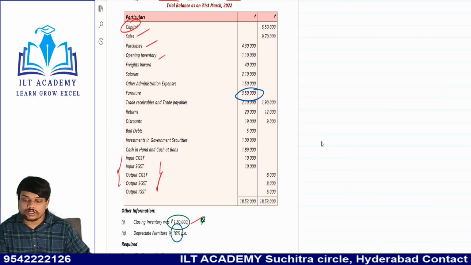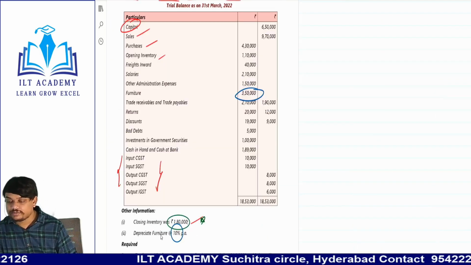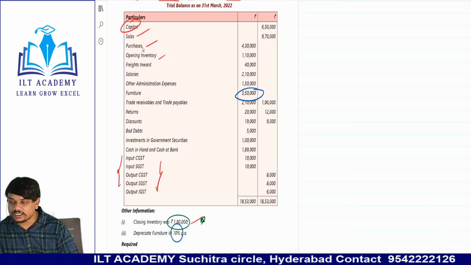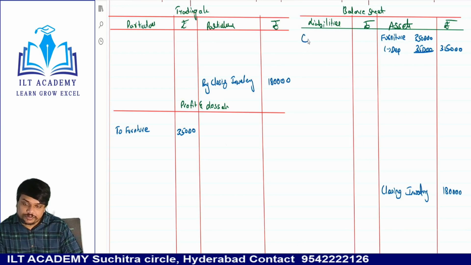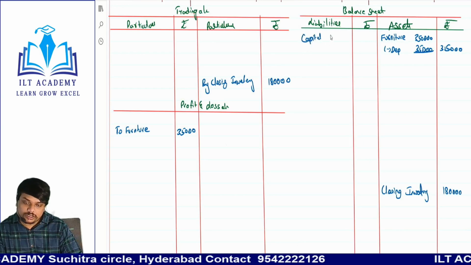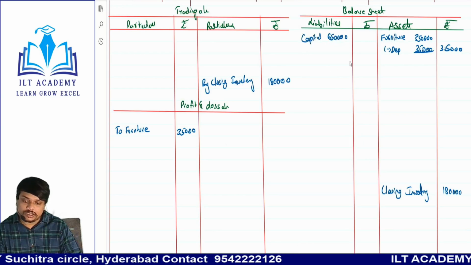Any doubts? My furniture is done. Closing inventory is done, furniture is done. So we'll record capital. First capital is how much? 6,50,000 in the inner column.